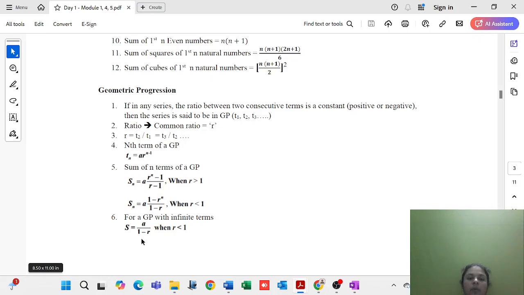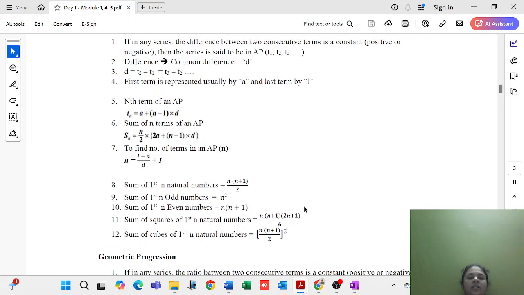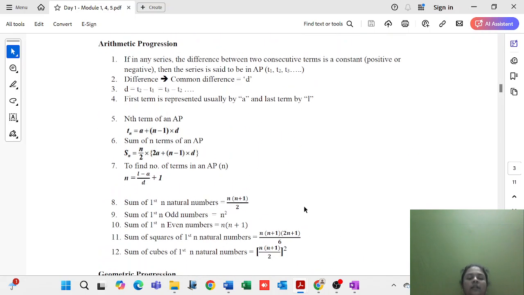Yes, ma'am. Okay. So these are the formulas for arithmetic and geometric progression. Quick 5 minutes. Take down the formulas and run through. I'll show on the screen the AP formula and GP formula. Look at them, go through once, and then we will start with the questions.